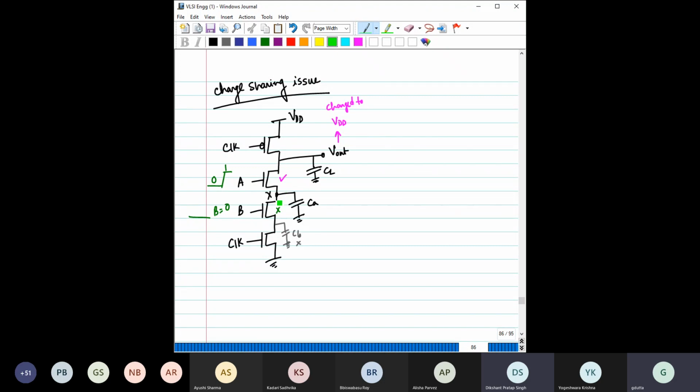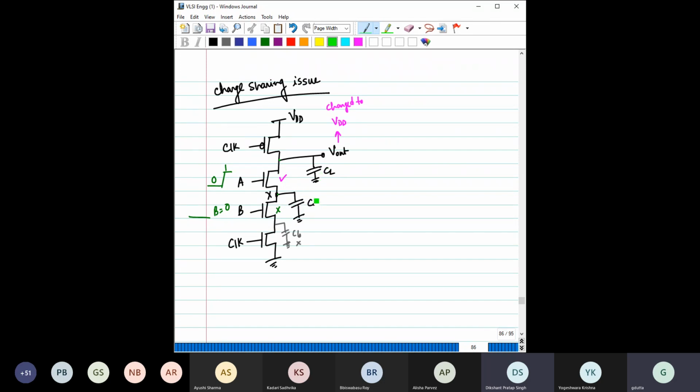You can say this and this are shorted. If this transistor is fully on, then this potential and this potential have to be the same. The charge that is lost from here, some charge will be lost by this, and that same charge will be collected by this.